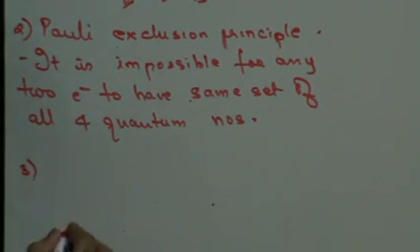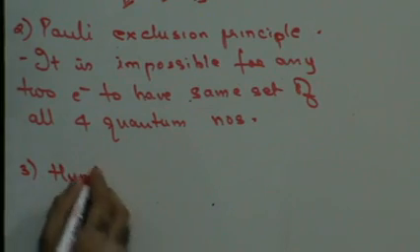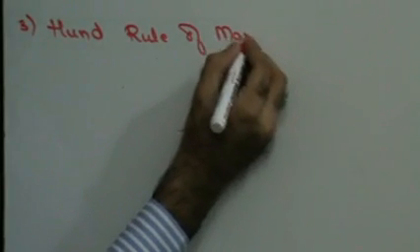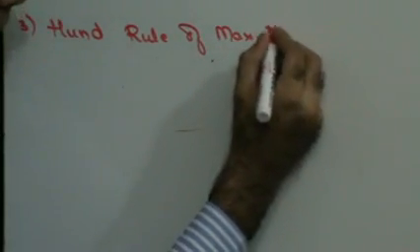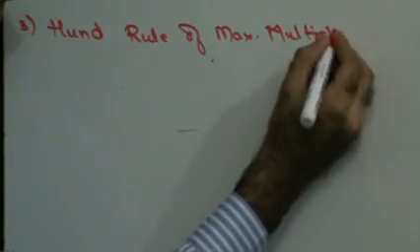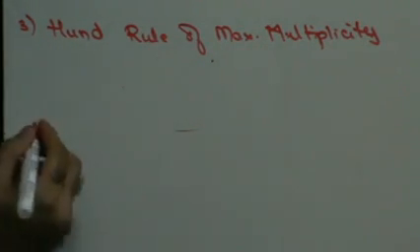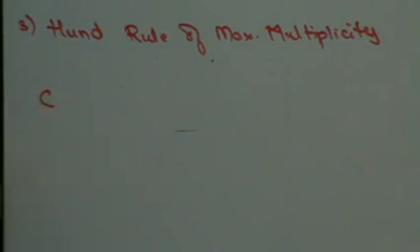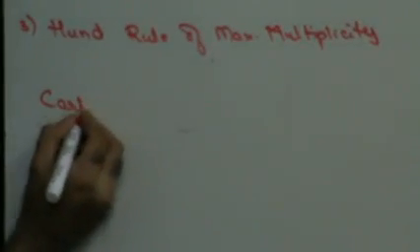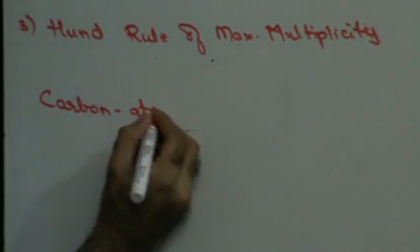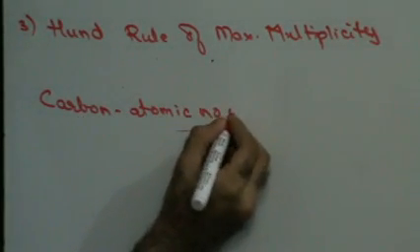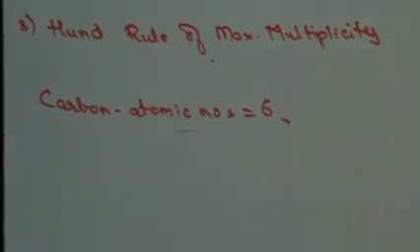Next, you have Hund's rule of maximum multiplicity. See, we had said that orbits are divided into orbitals, right? Now, let's see this. For example, let's consider carbon. Carbon, say, atomic number is 6, right?